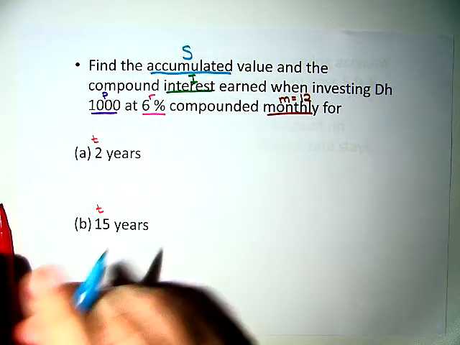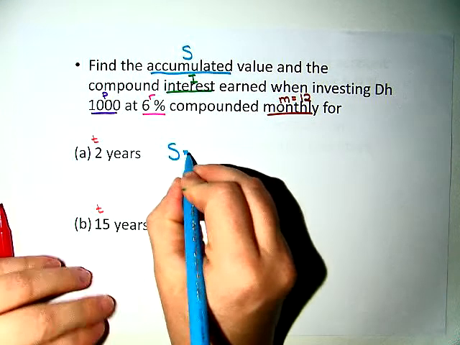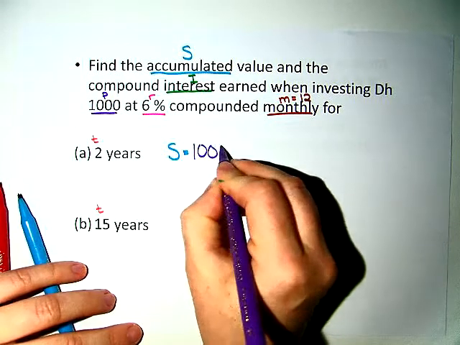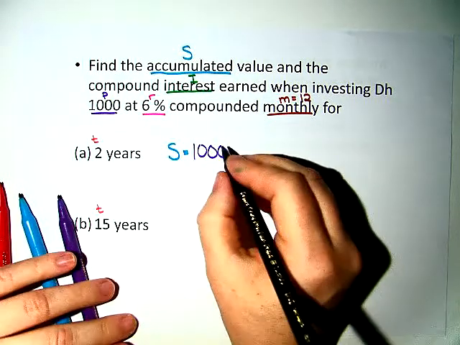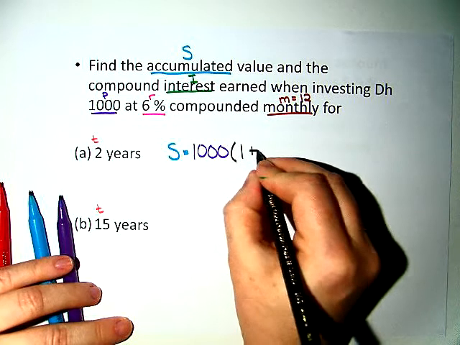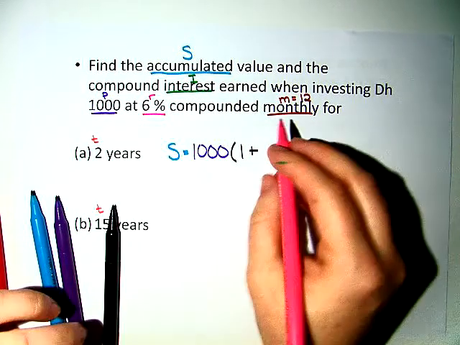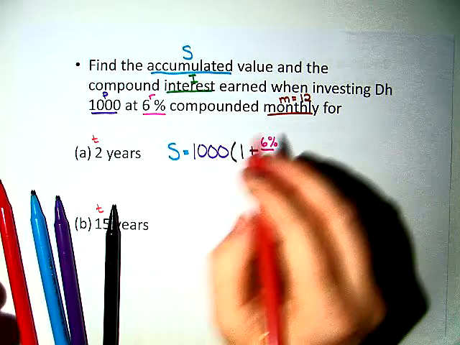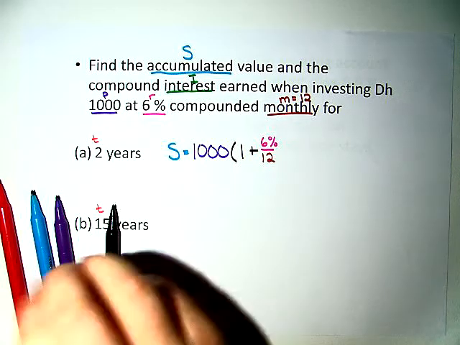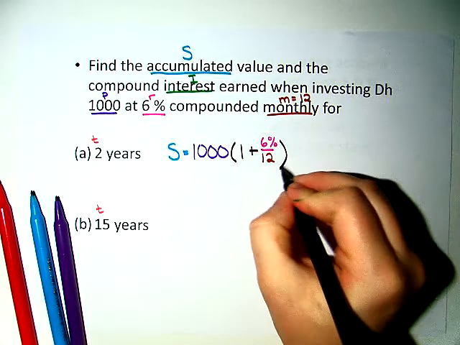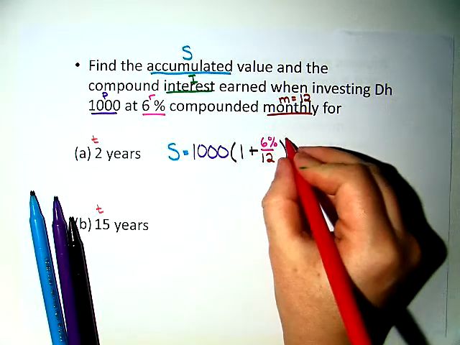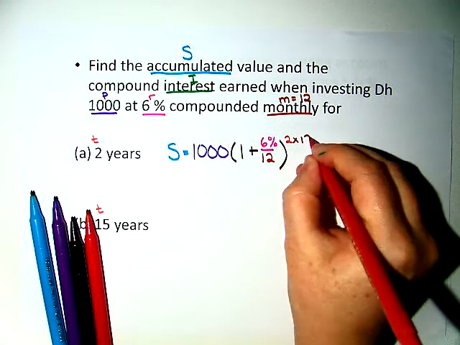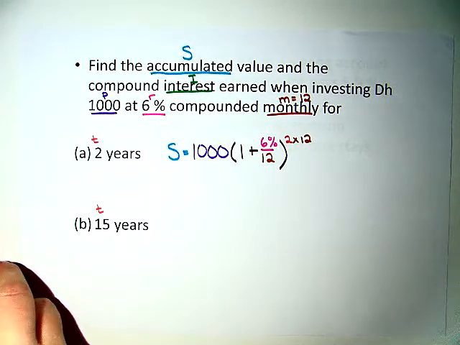So we set it up just like we did the last one. S equals my principal, 1,000, 1 plus 6% divided by 12, raised to the 2 times 12. Pretty easy.